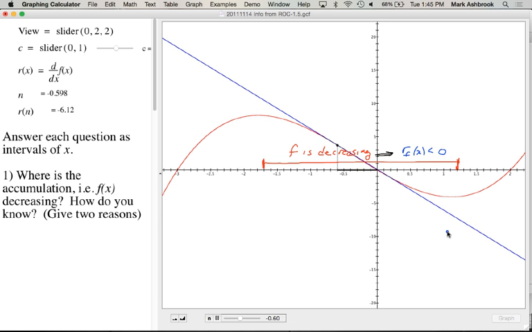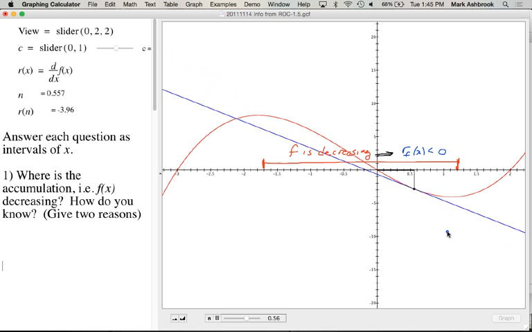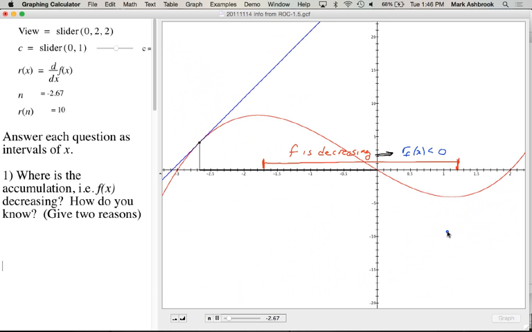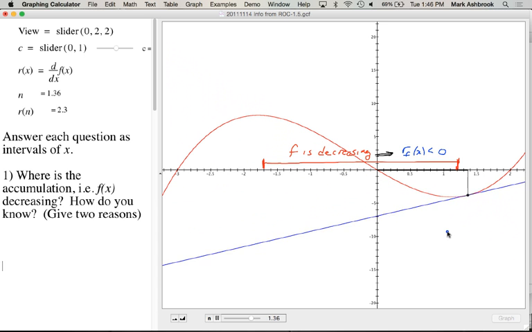Okay. What was another way you could tell that F was decreasing in that interval from about negative 1.7 to 1.2? Besides looking at the value of the rate, what's another way you can tell that the function is decreasing? Yeah, the function's going down, right? The function values, the y values on the red graph, are going down.